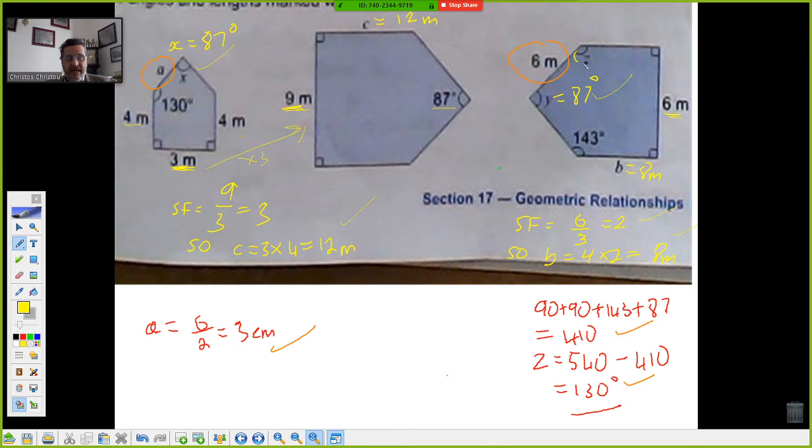That really is 130 degrees, which matches that. That really is 143 degrees, which matches that. Not that it asks me to find it, but it's true, because if you add up 130, 87, 2 90s, 143, you will get 540 degrees.